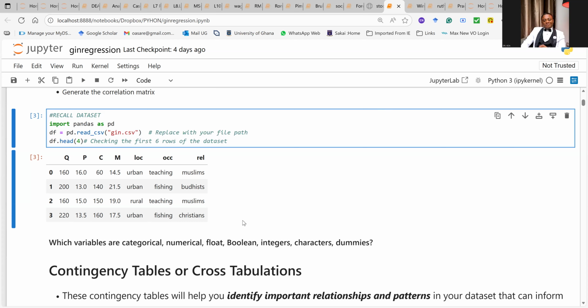Which ones are Boolean? Come on. Your programming for analytics, is it not being taught? Which ones are Boolean? Yes, Emmanuel.